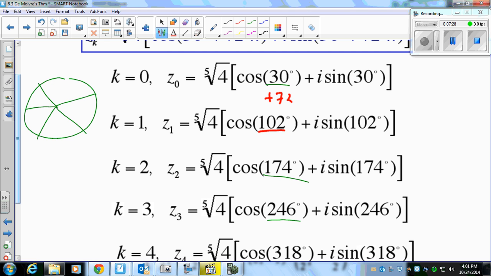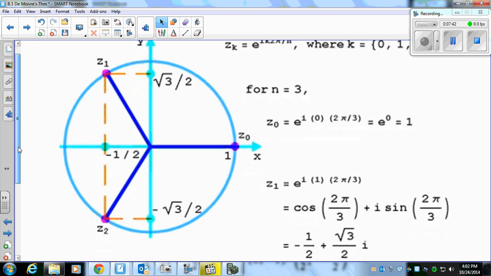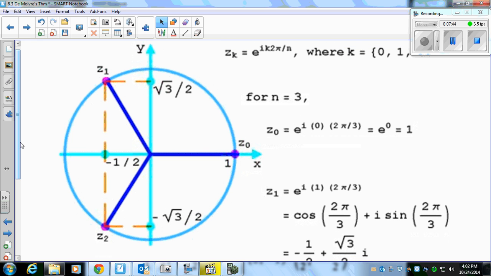That splits things up so that these are all equally spaced around our unit circle. I also have this diagram here. You can see this is for a third root, broken down; I found this image online. But that's how you find your roots of complex numbers.